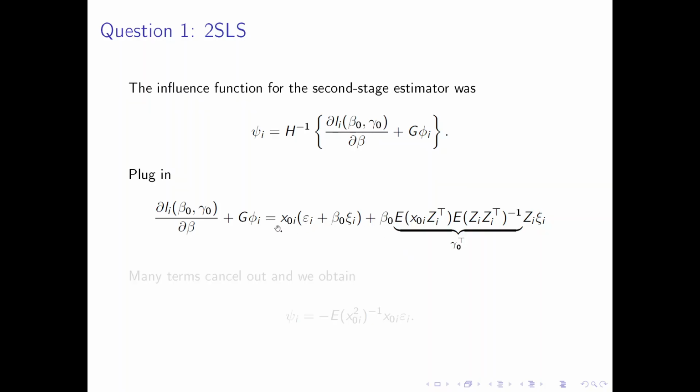In the end, you only have x0i times epsilon. Right? Cancel, using this fact. And things cancel out, and we finally obtain this H inverse is here, and X epsilon here. Okay, so this is the influence function.